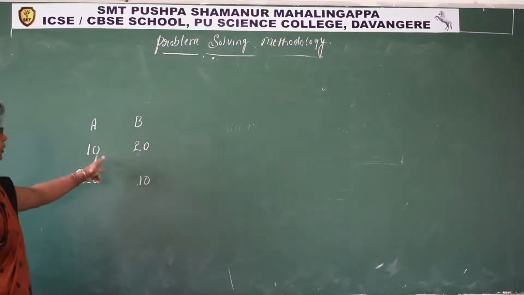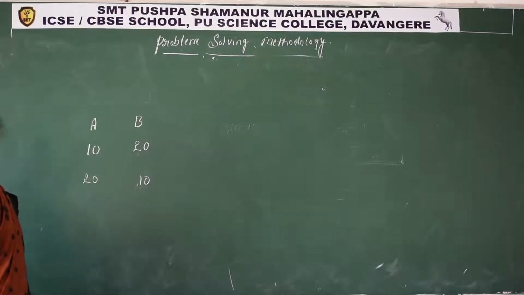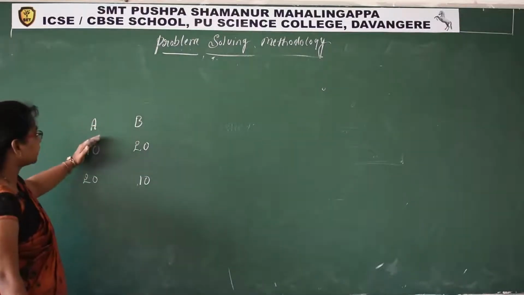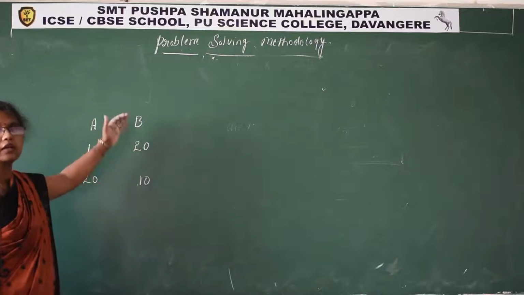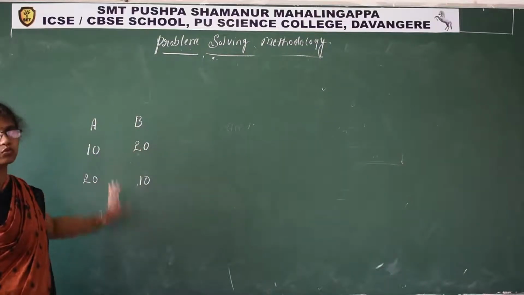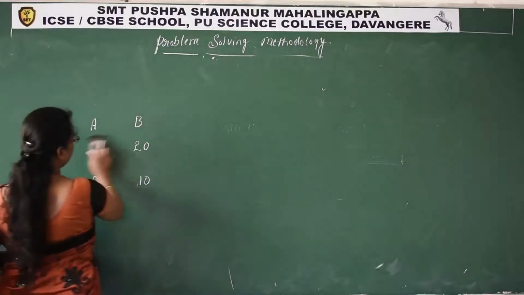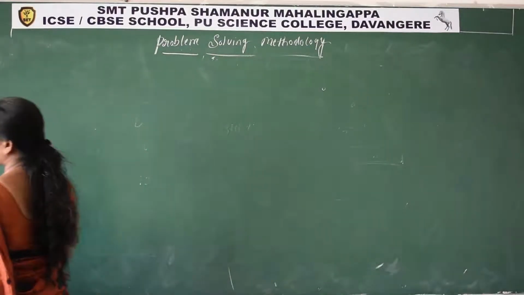These two values will be interchanged. The user has to input values like this, for A 10 and B 20. The program has to interchange these two values. Now how to write the code? See, there are two ways. One is using a temporary variable, another is without using a temporary variable.